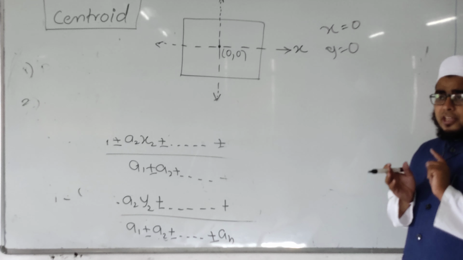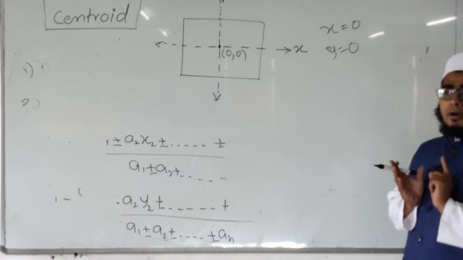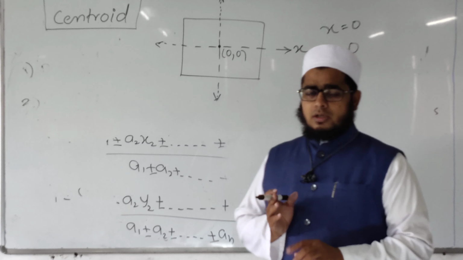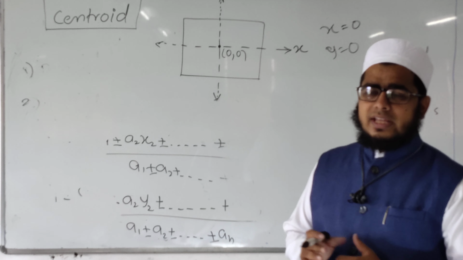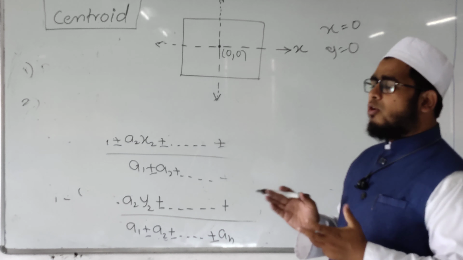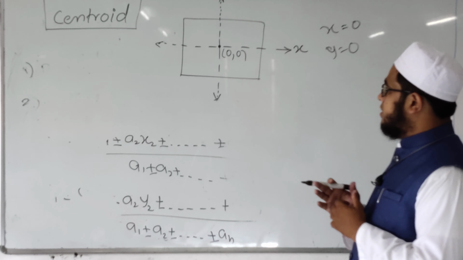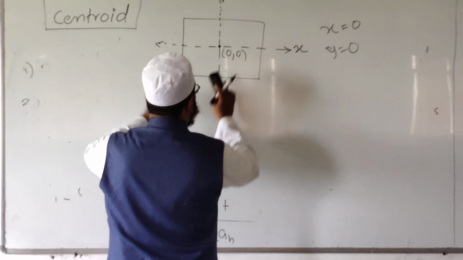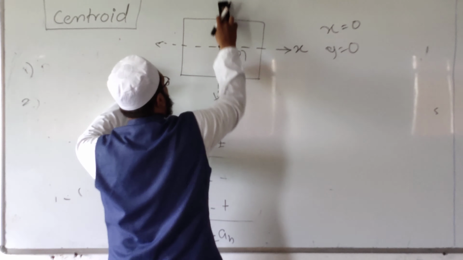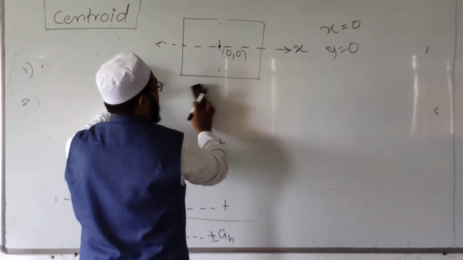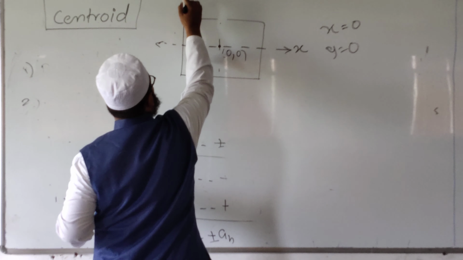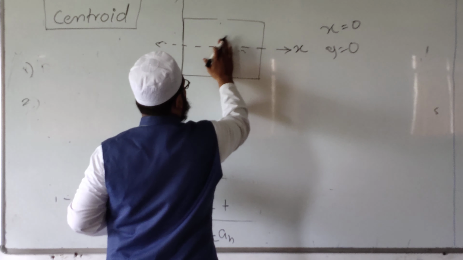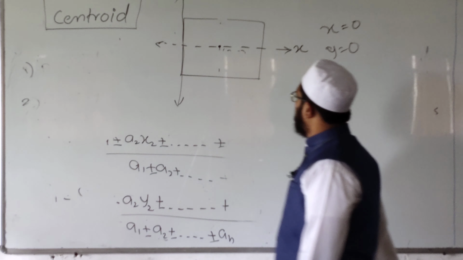Whenever the figure is symmetrical about both the axes x and y, the x coordinate of the centroid is 0 and the y coordinate of the centroid is also 0. Now listen here, there may be a possibility that y is lying here and x is in between.